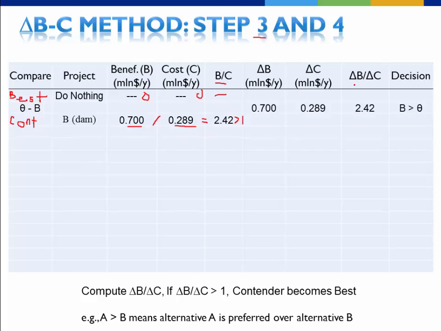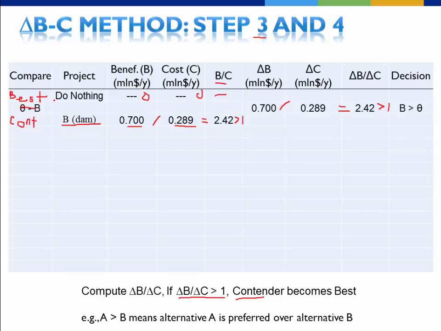So the increment benefit cost ratio, the increment benefits over the increment cost, when you divide these two, it will give you this number. And if this ratio is greater than 1, as you can see here, then the contender, this guy, will become the best.